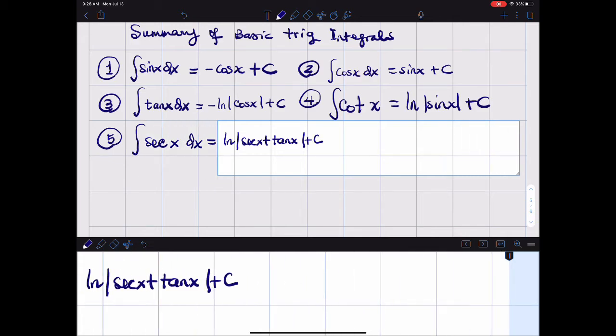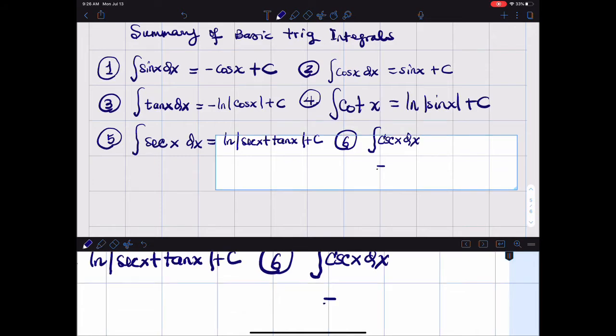And then number 6, the integral of cosecant of x dx. I'm going to come down here and write it. It's negative natural log of cosecant of x plus cotangent of x plus c.